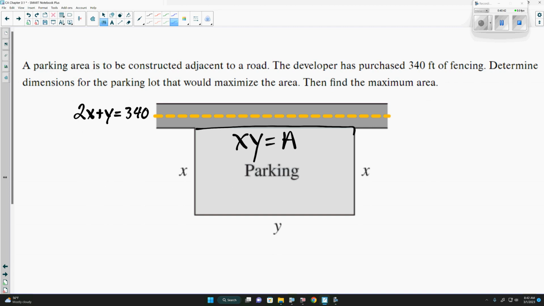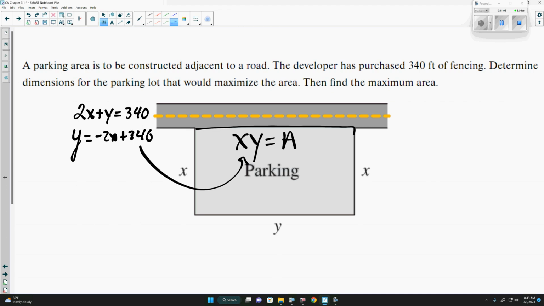This area is equal to x times y. And we would substitute these in. Yeah, xy. So here we can say y is equal to negative 2x plus 340.